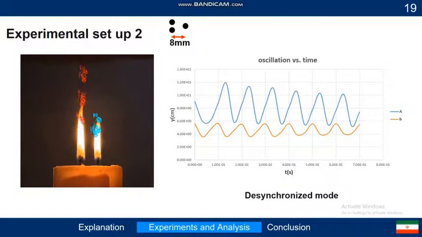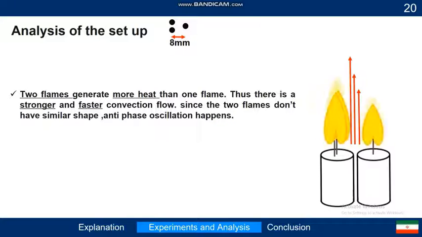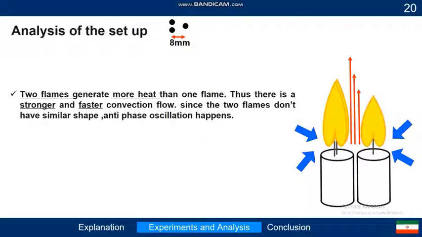This experiment is the same as before, but the only difference is the number of strands. As you can see, the left part has two strands, but in the right part you can see only one strand. It is interesting that this difference causes these flames to oscillate in disorder modes.